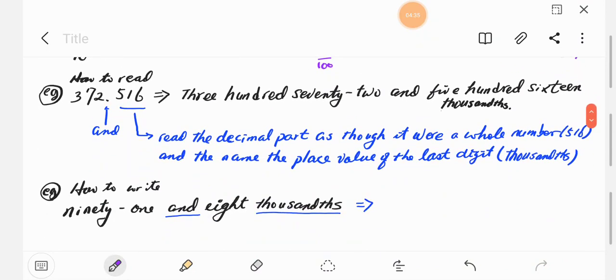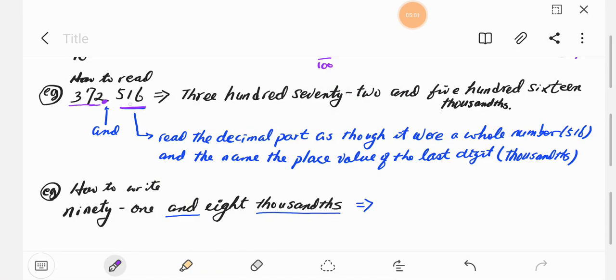So let's read this number, 372.516. Read the left side, the whole number part, first. That is 372. Then read the decimal point as "and." So 372 and then read the decimal part.